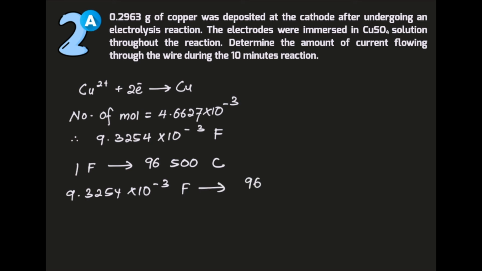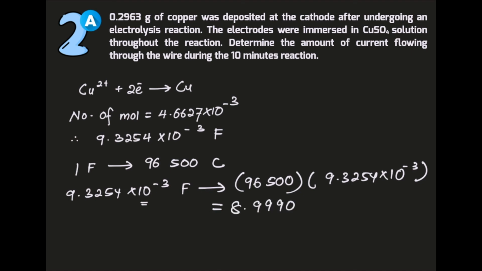So 96,500 times this value, 9.3254 times 10 to the power of negative 3. You should get 8.9990 times 10 to the power of 2 coulomb.